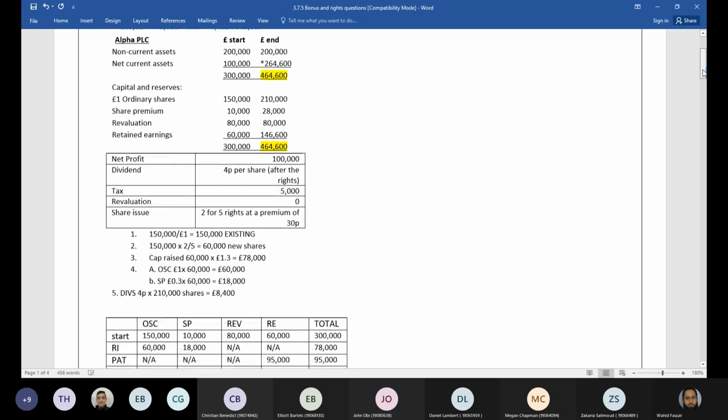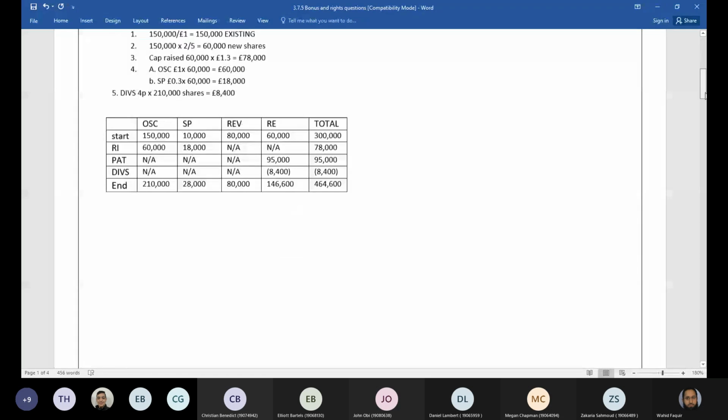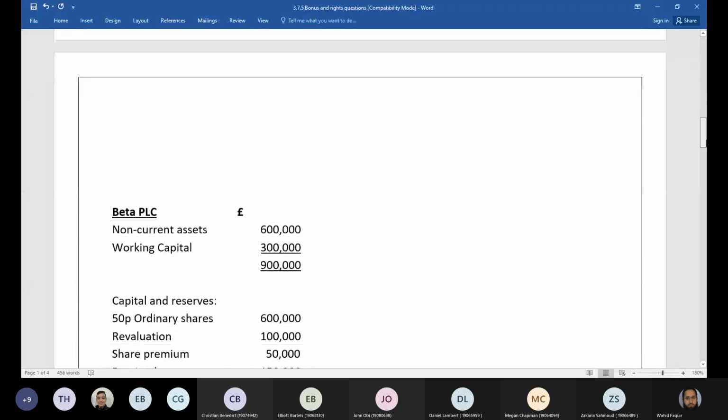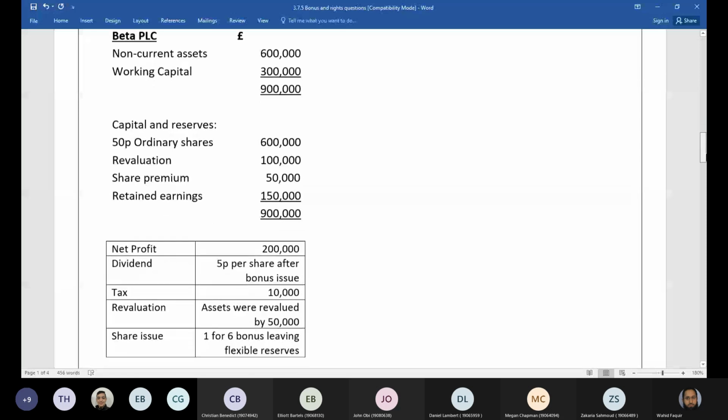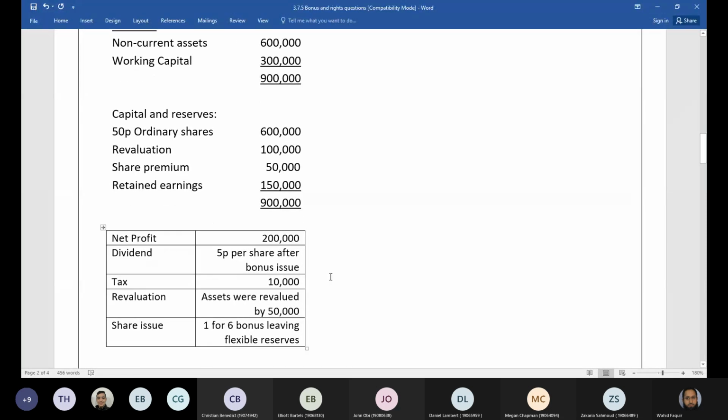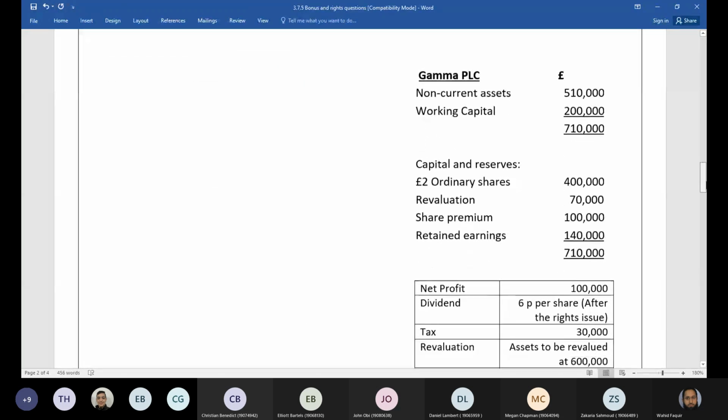Okay, I'll leave that on there, and in fact, I need to have a look at the second question. Let's just see, is there anything dodgy in there? Apologies, guys, you can't do this one. This is a bonus. Okay, the next one, alpha, beta.